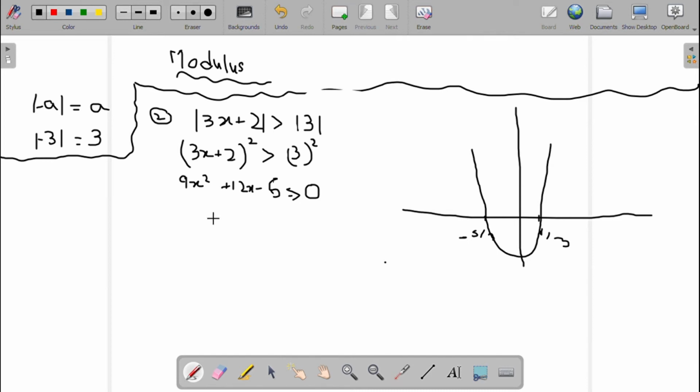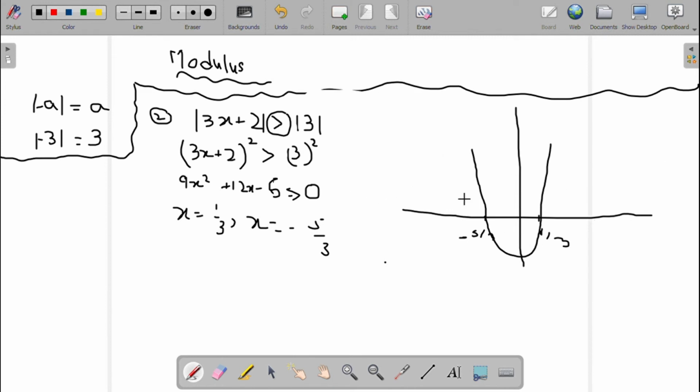What roots did we have in this equation? They were x equals 1 upon 3 and x equals negative 5 by 3. When you have the inequality sign here, you have to use the sketching way to check the validity of the roots.